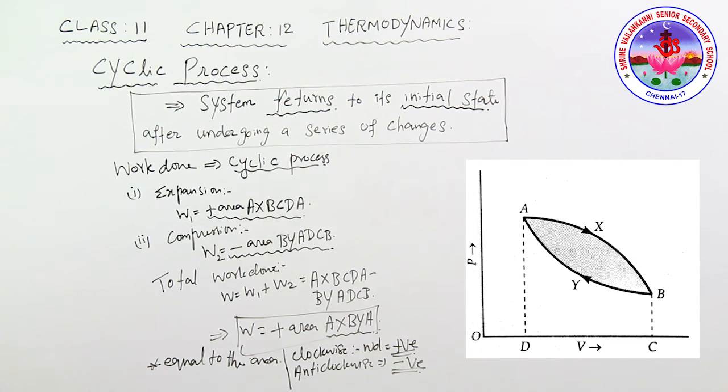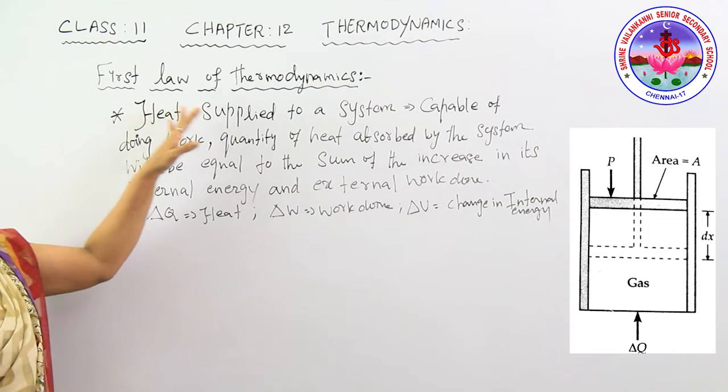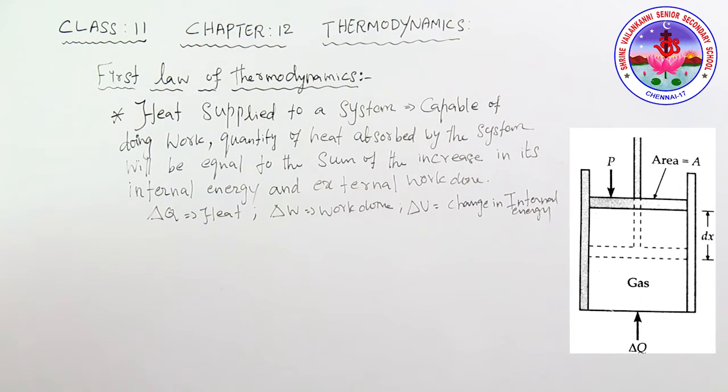Right, students? Yes. First law of thermodynamics. It is simply the law of conservation of energy applied to the system, right? In which the energy transferred from all the surroundings is taken into consideration.